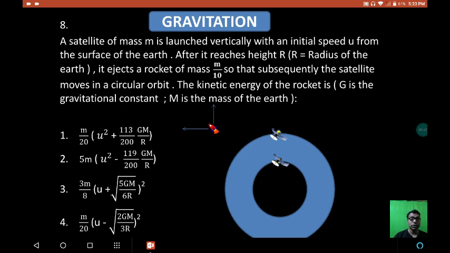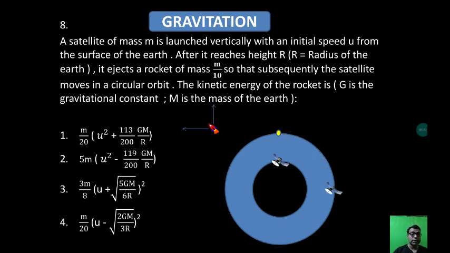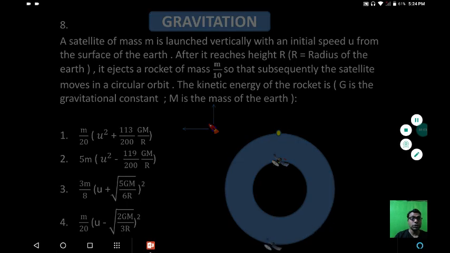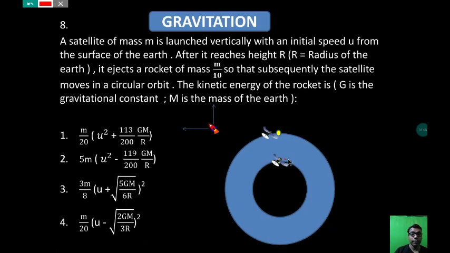As you can see from this graph, the satellite is launched from the surface of the earth. This is the surface of the earth. When the satellite is launched from the surface of the earth, it reaches the height r.